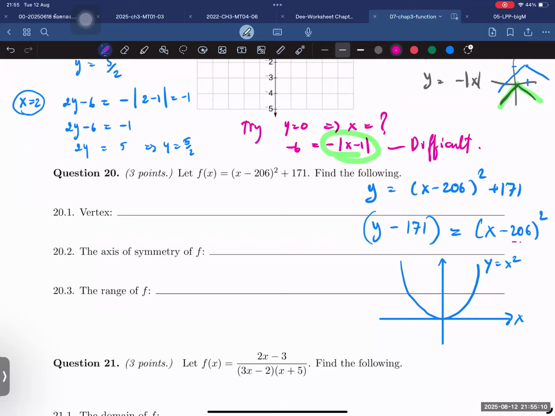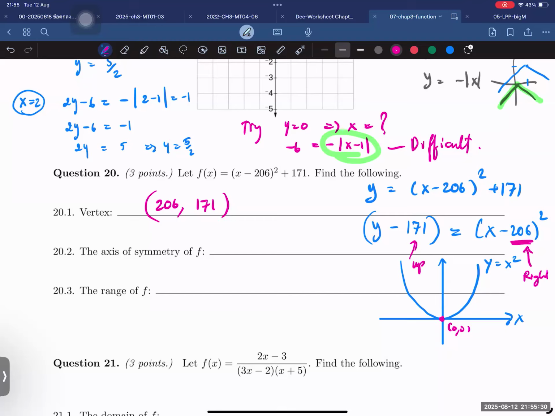Then this telling you shift to the right, and this telling you shift up. So the vertex from 0, 0, it shifts to x at 206 and y at 171.